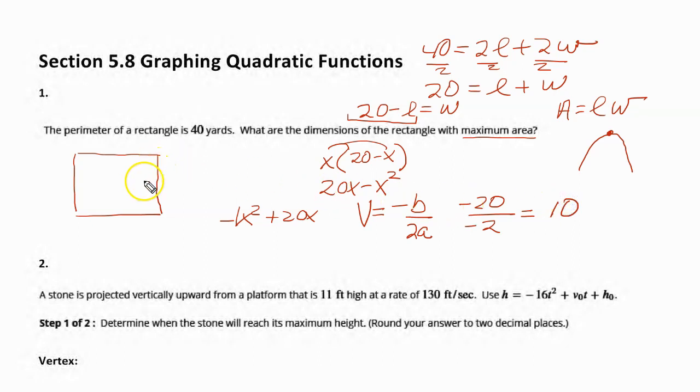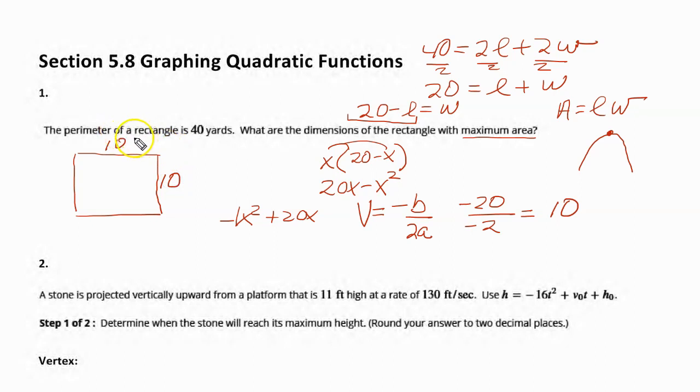So we know then that our length is going to be 10. Well, what do we have left here? So 20 minus 10, then this is going to be 10.